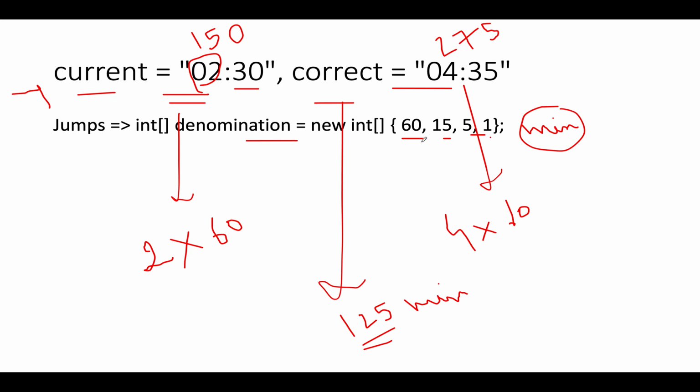So what will I do? I'll obviously go from the maximum denomination that I have, which is 60. So I'll be using 60 two times to reach 125. So let's consume 60 two times, and the remaining sum that we are looking for gets updated to 5. 60 into 2 gives you 120. 125 minus 120 gives you 5.